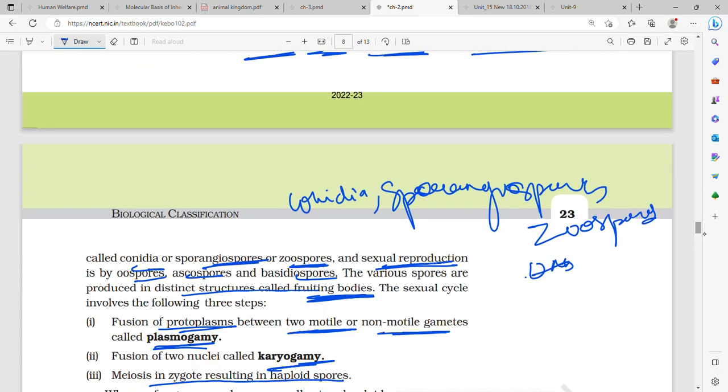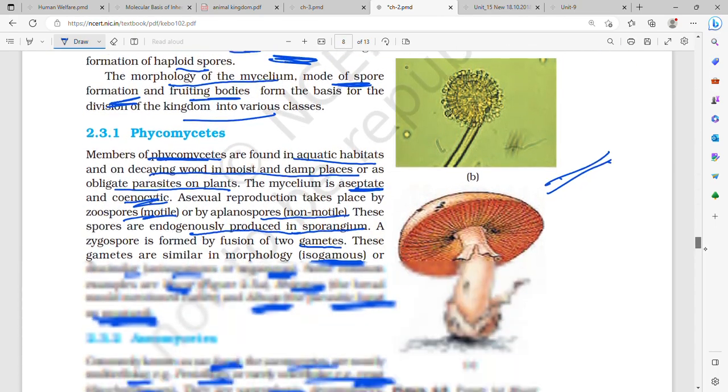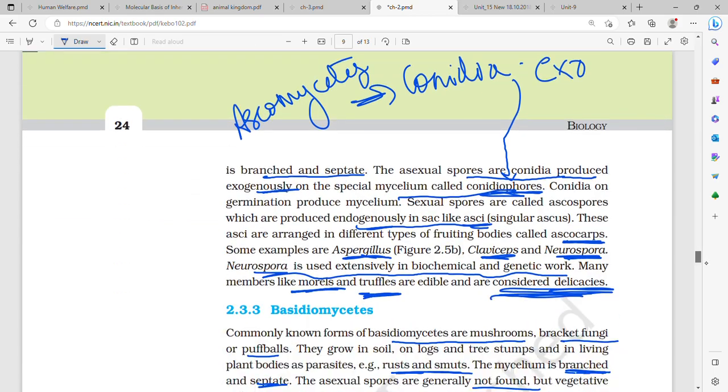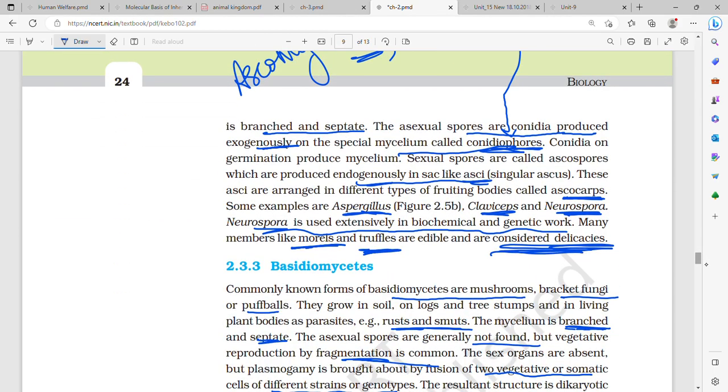Then kingdom Fungi. Phycomycetes, example Mucor. Then Albugo, which is a parasitic fungus on mustard. Then Rhizopus, which is a bread mold. Then Ascomycetes: truffles and morels, which are delicacies eaten by many people.